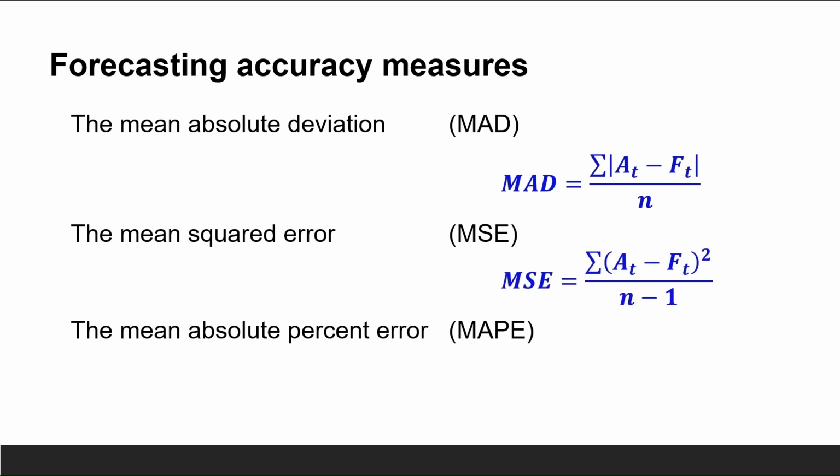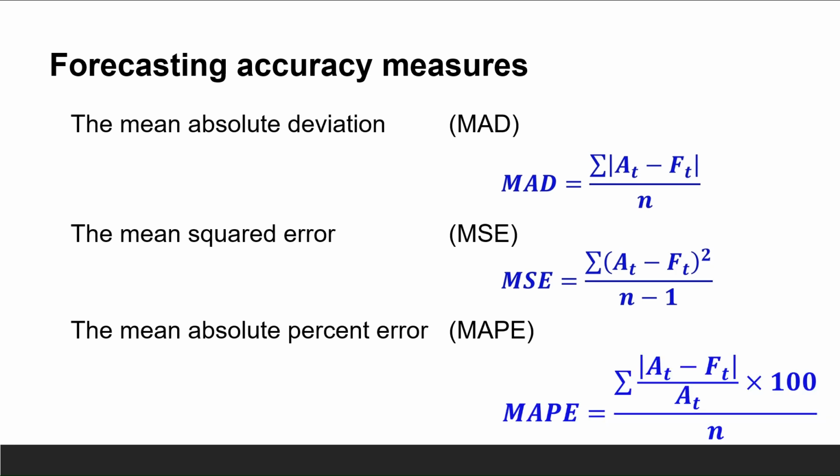While the mean square error can be calculated using the shown formula: MSE equals sigma (At minus Ft) squared divided by N minus 1. So here we add up the square value of the error for all periods and divide them by the number of periods minus 1.